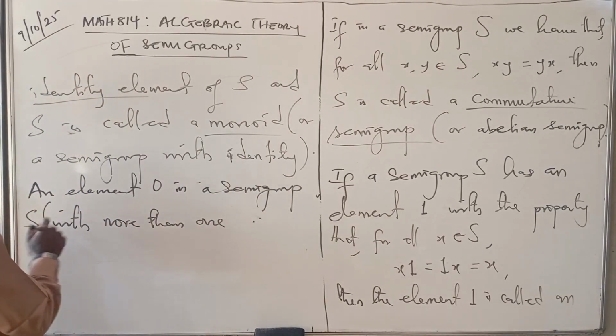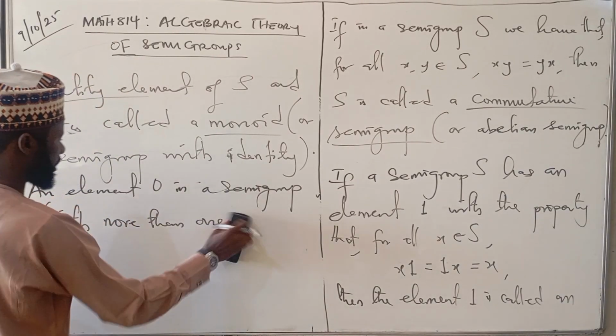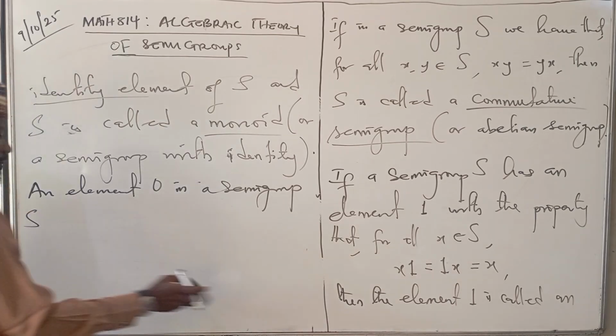So we want the semigroup to have at least two elements.